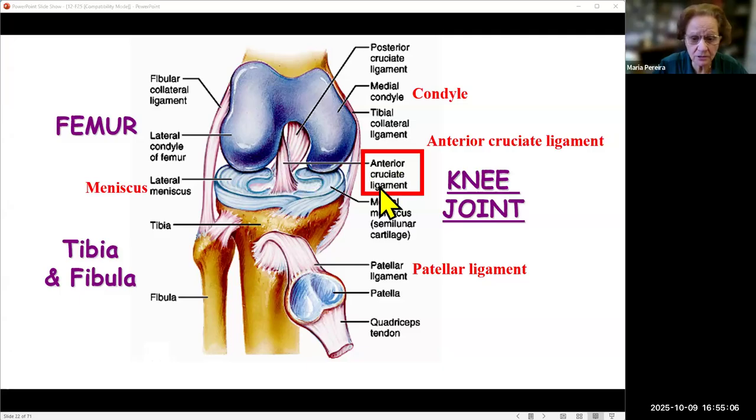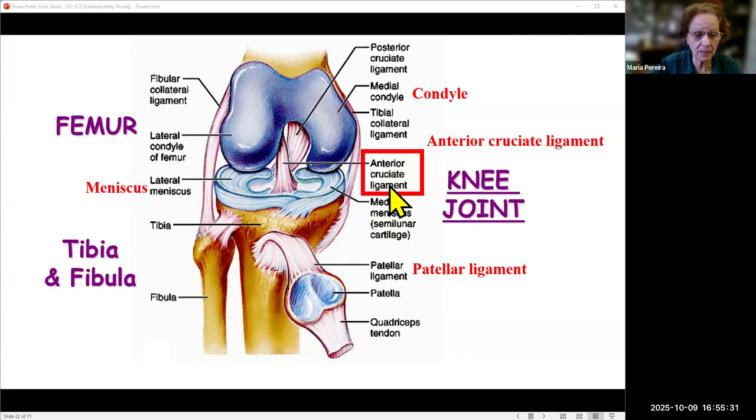This is the anterior cruciate ligament, right here between these two condyles. If there's a movement that is not in the proper direction and exerts a lot of pressure on this ligament, anterior cruciate ligament, or ACL. Maybe you've heard that name, ACL. What does it mean? Rupture the ACL, rupture the anterior cruciate ligament.